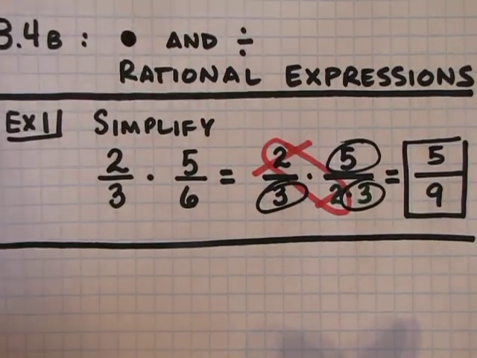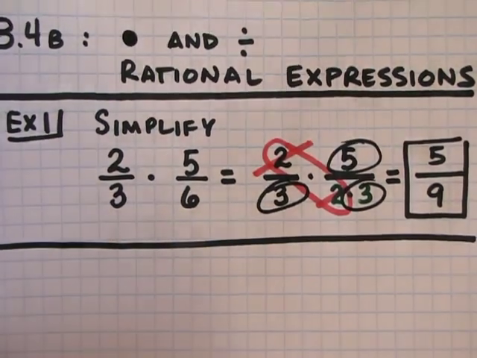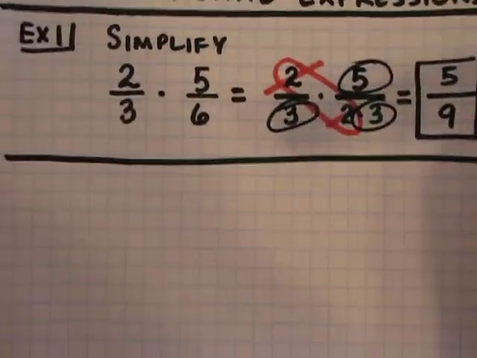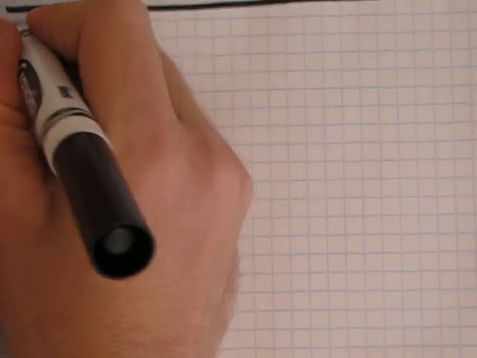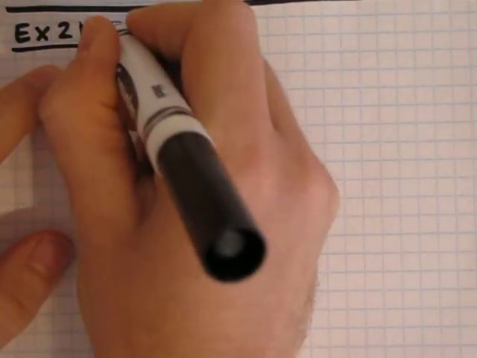Now let's look at how what we just did relates to polynomials. So for instance, suppose instead we were asked to multiply these two expressions.